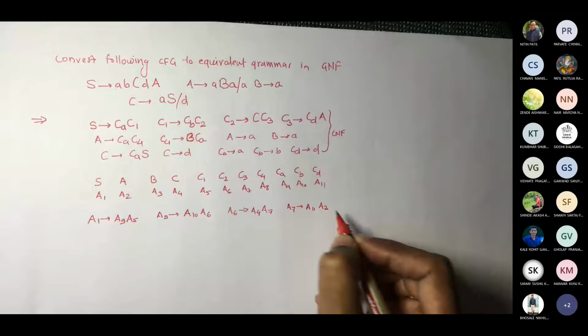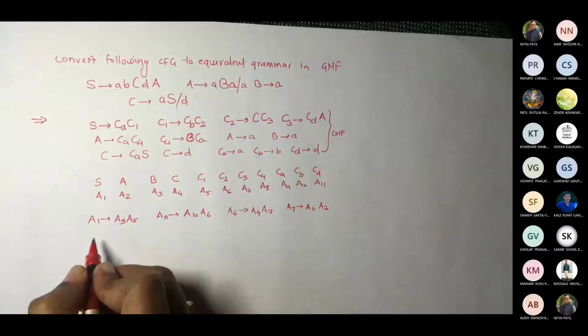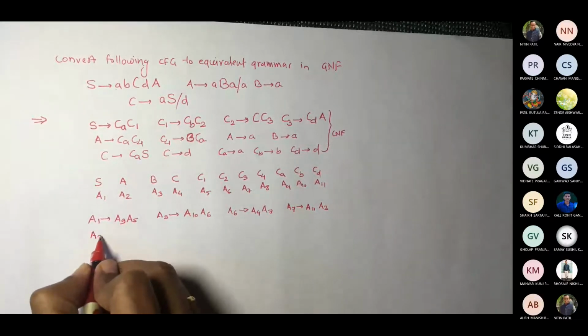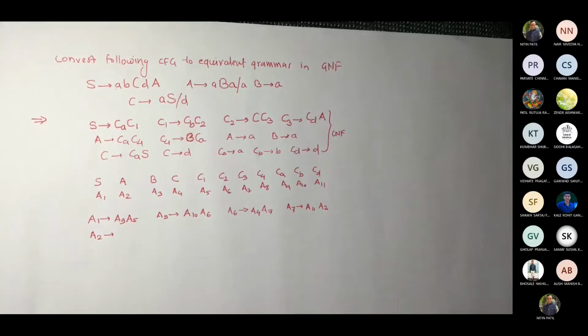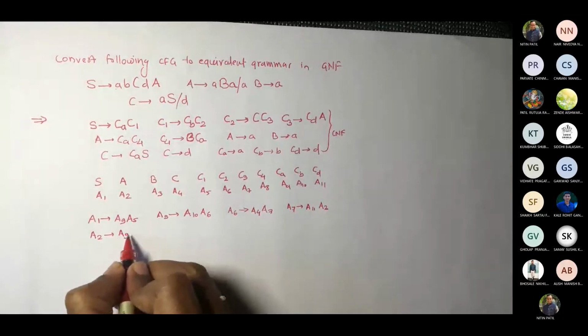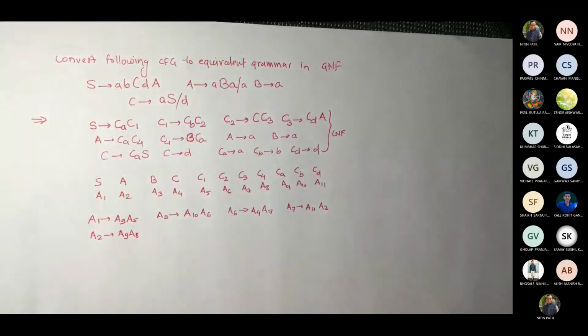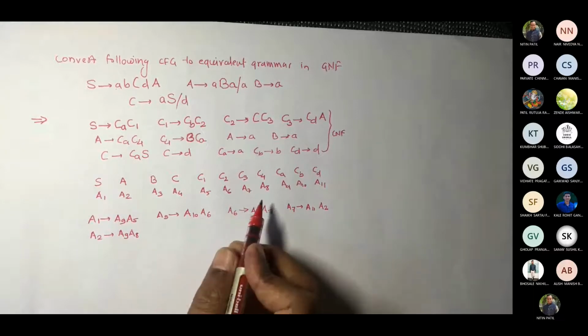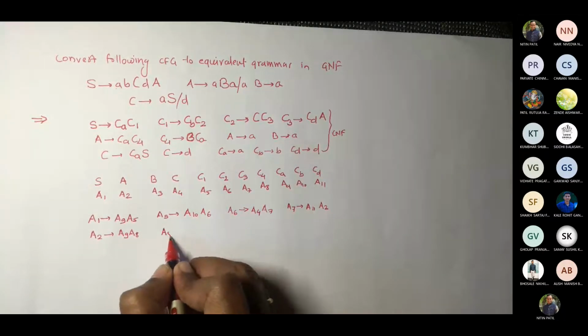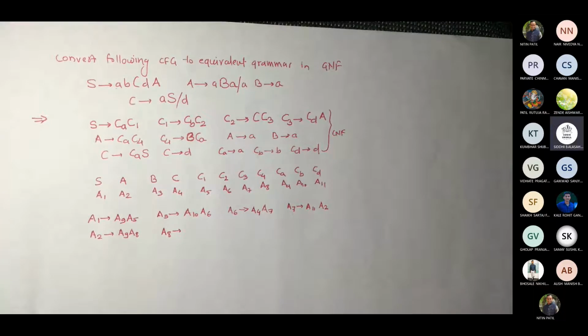A11, A2. Very good. Now give me A2. A2 is A9, A8. Siddhi, C4, that means A8.